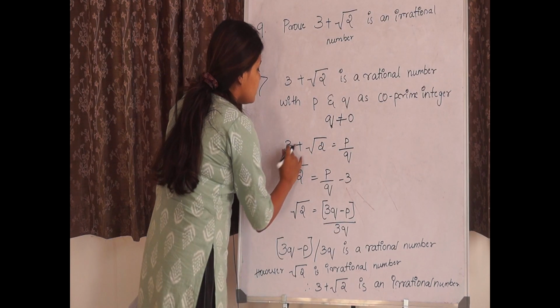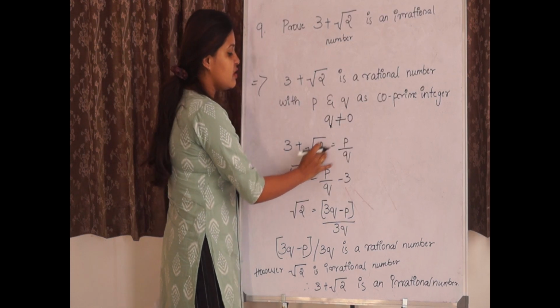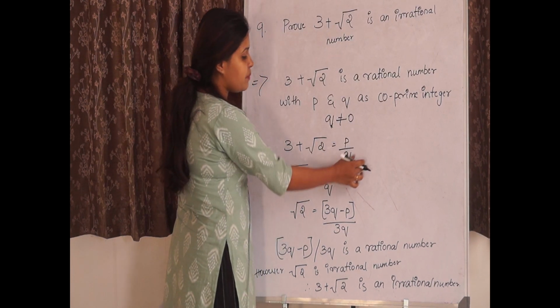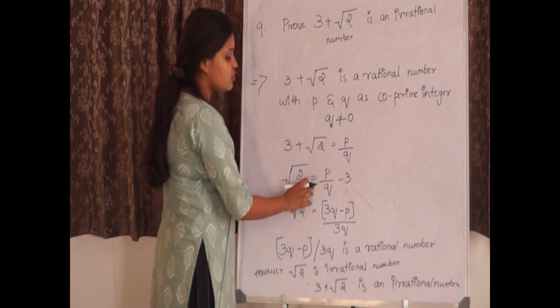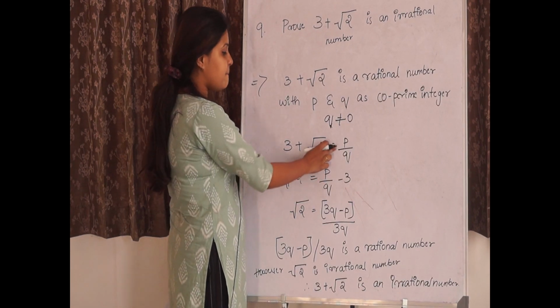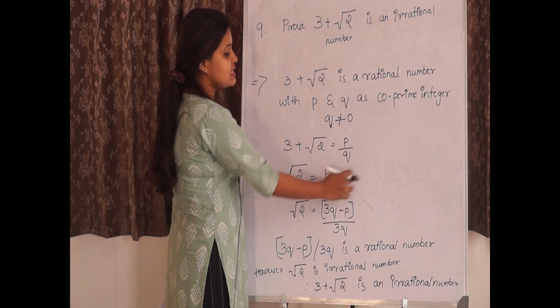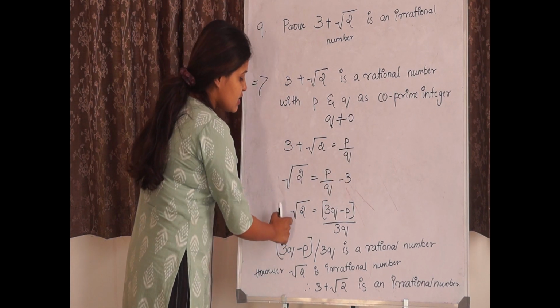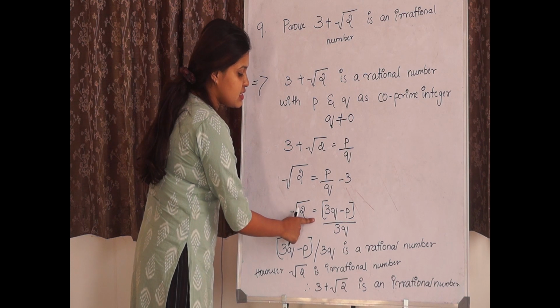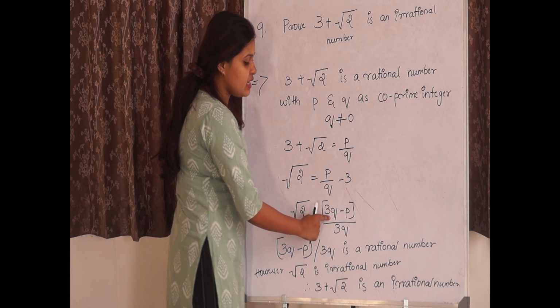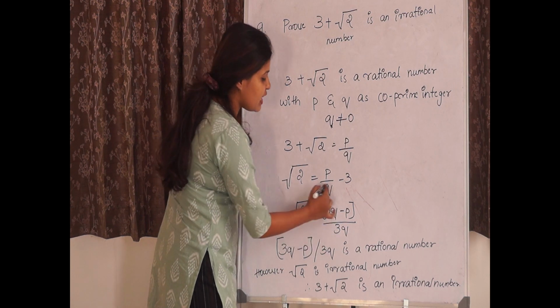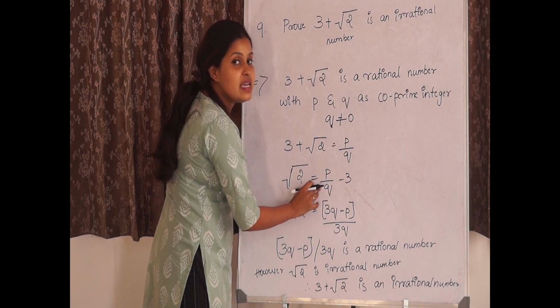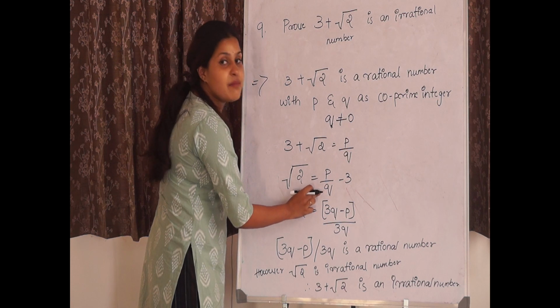So 3 plus square root of 2 is equal to p by q, and square root of 2 is equal to p by q minus 3, which is (p minus 3q) by q.